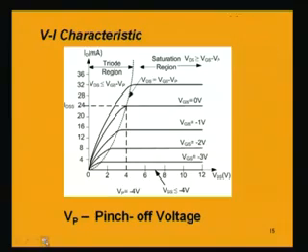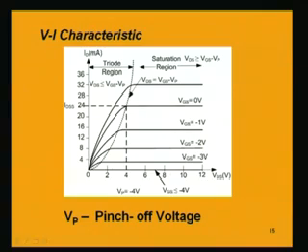So, now the VI characteristic can be plotted by mapping all these regions into the ID versus VDS curve, and as we have discussed, when the magnitude of VGS is greater than the pinch off voltage, then the drain current will be 0. For this example we are taking the pinch off voltage as minus 4 volt.